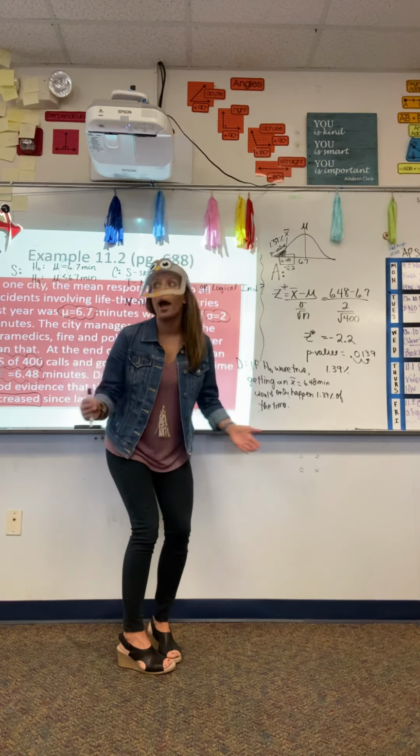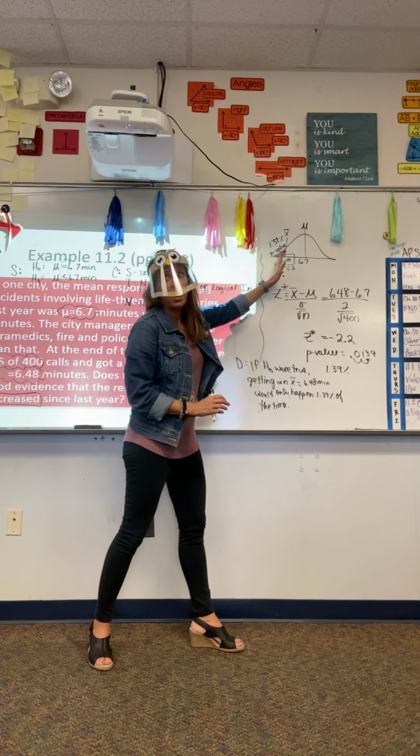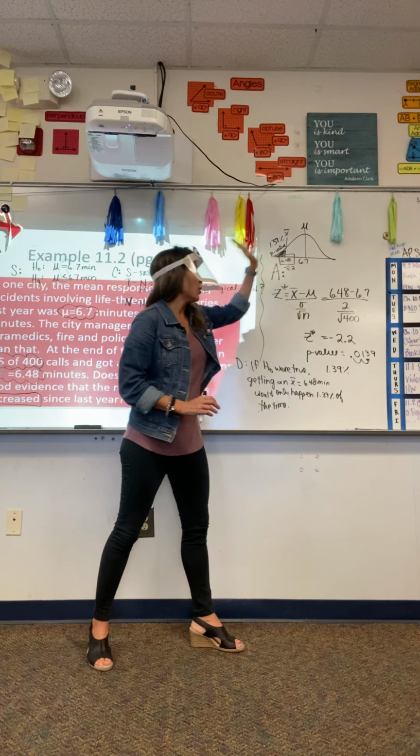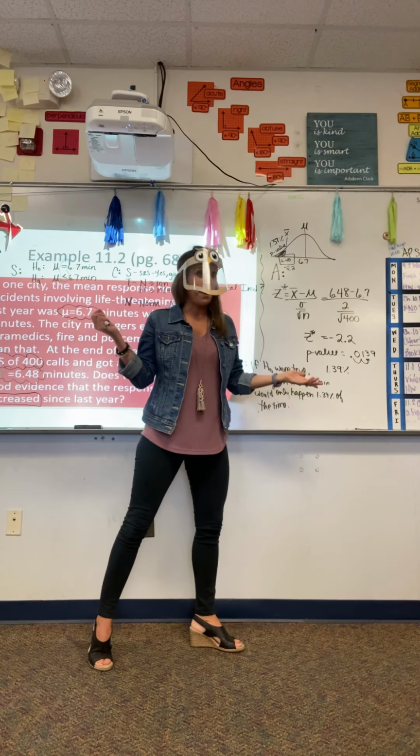That means there's no way that 6.7 can still be true because I got 6.48, and me getting 6.48 when your claim is 6.7 to be true would only happen 1% of the time, right?